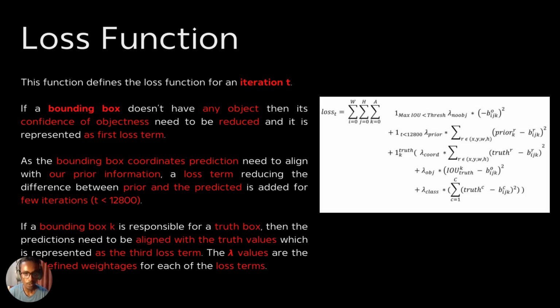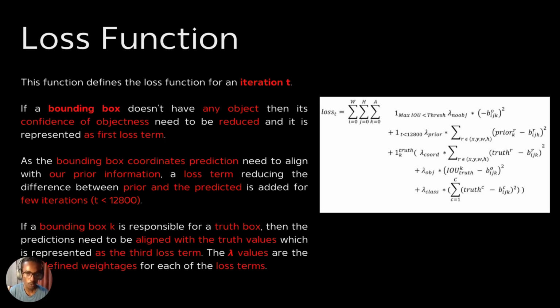So next, the second term is going to consider the bounding box coordinates prediction and the anchor box's coordinates. And the loss term is going to minimize the loss under the iteration number of 12,800, and we're just trying to adjust those prior boxes or anchor boxes to the predicted bounding box.